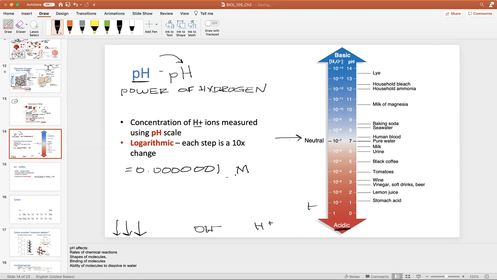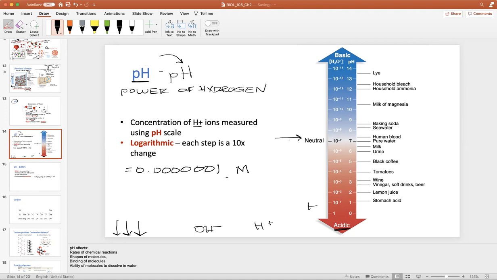So molar, or molarity, is just the number of moles per liter, and it's something that you would learn in chemistry. Don't worry about that too much if that throws you off. Just know that it's a measurement of concentration.